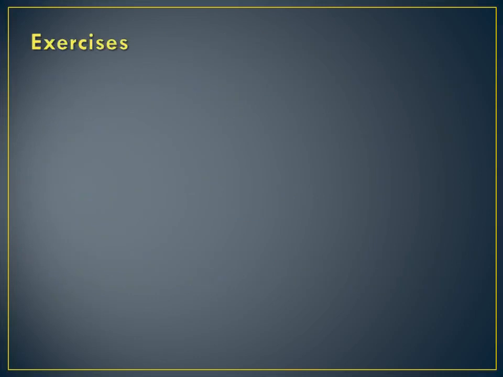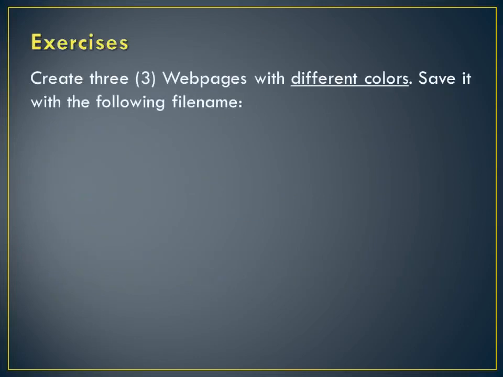Let's have an example. We are going to create three web pages with different colors. Save them with the following file names. First, we have top_frame.html, for example with the color blue.